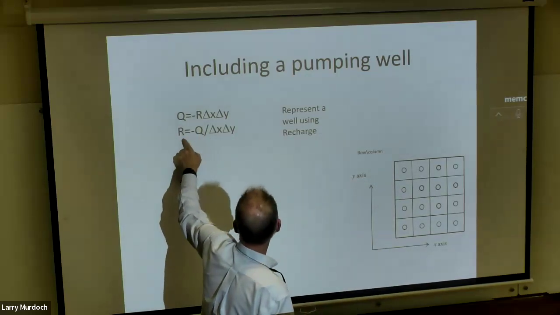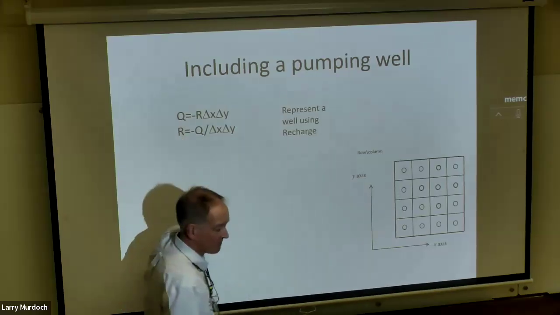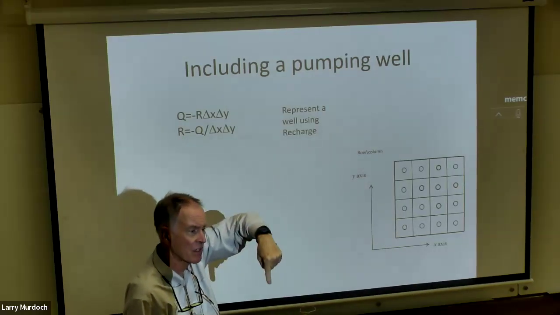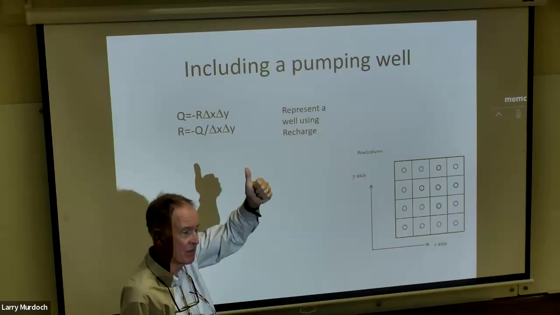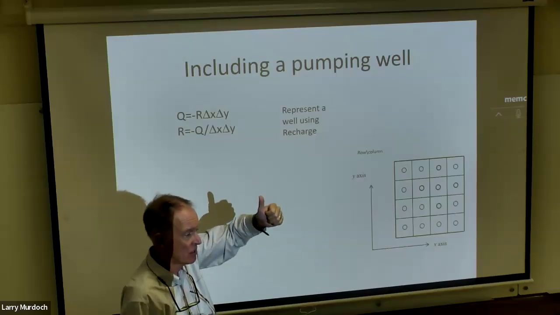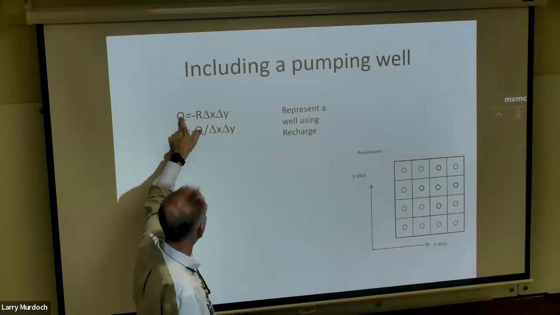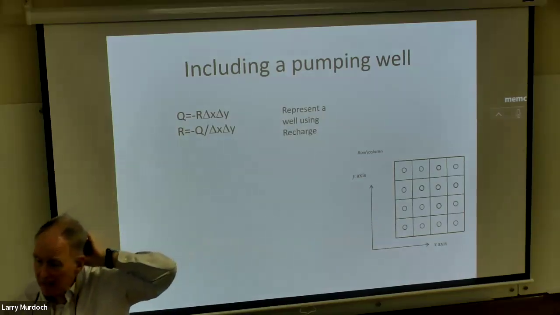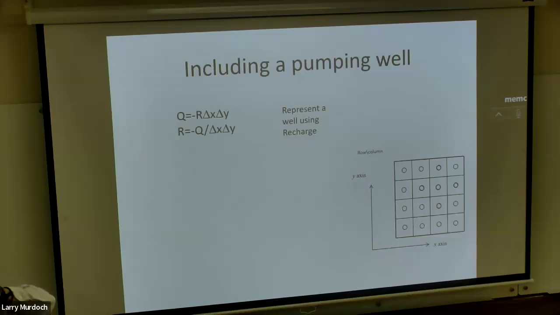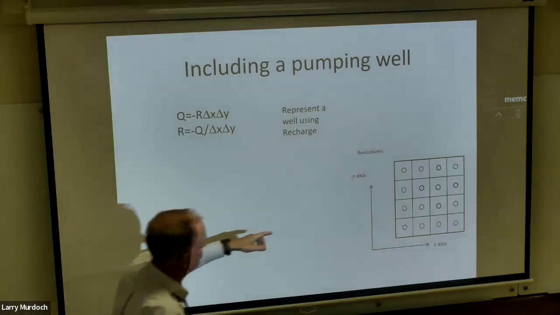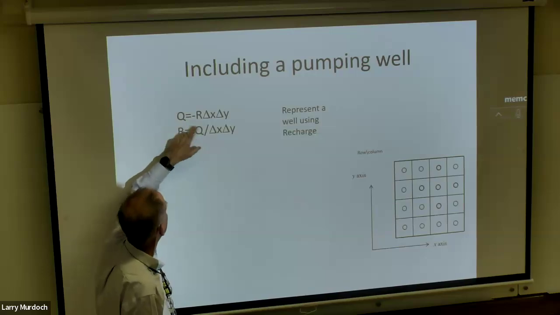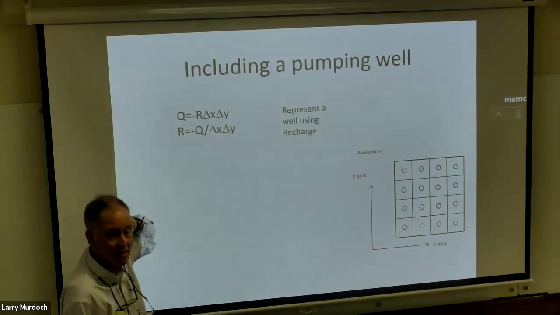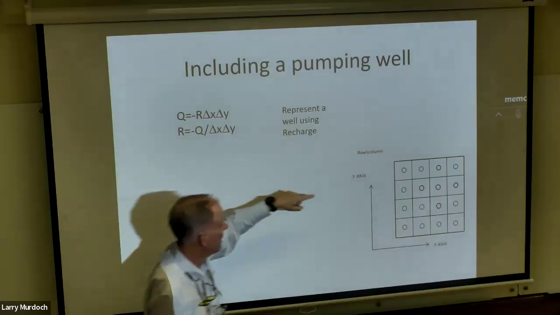So if R is a flux, the recharge flux, and for pumping water out, you can think of that as a negative recharge. And if Q is a flow rate, then we can turn it into a flux if I average over this block by just taking Q and dividing by the area of the block.